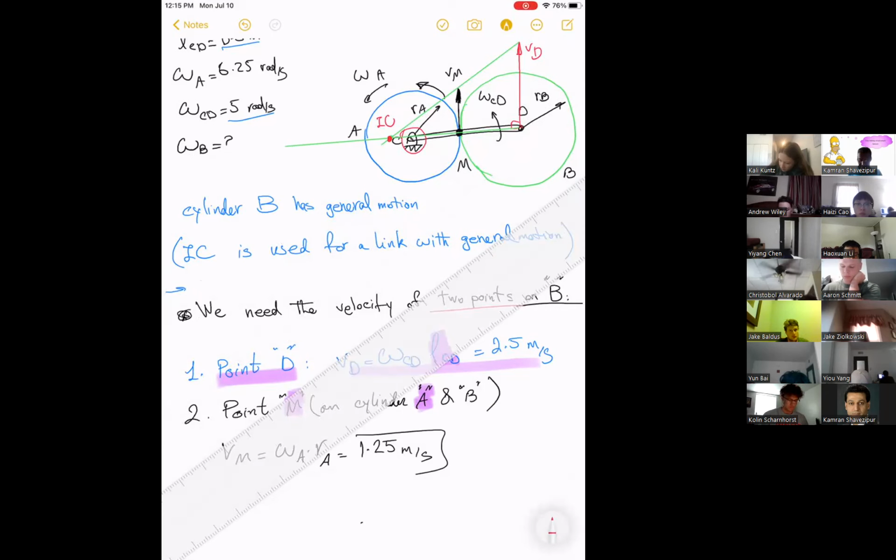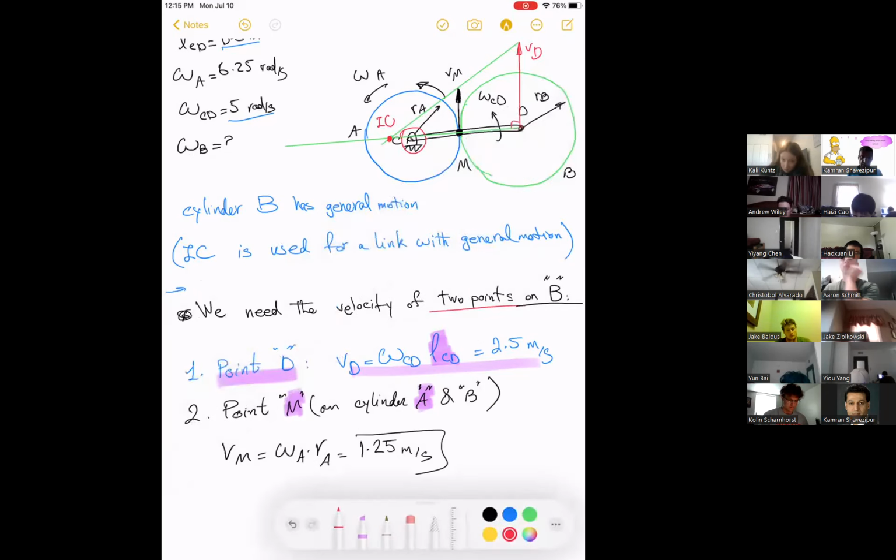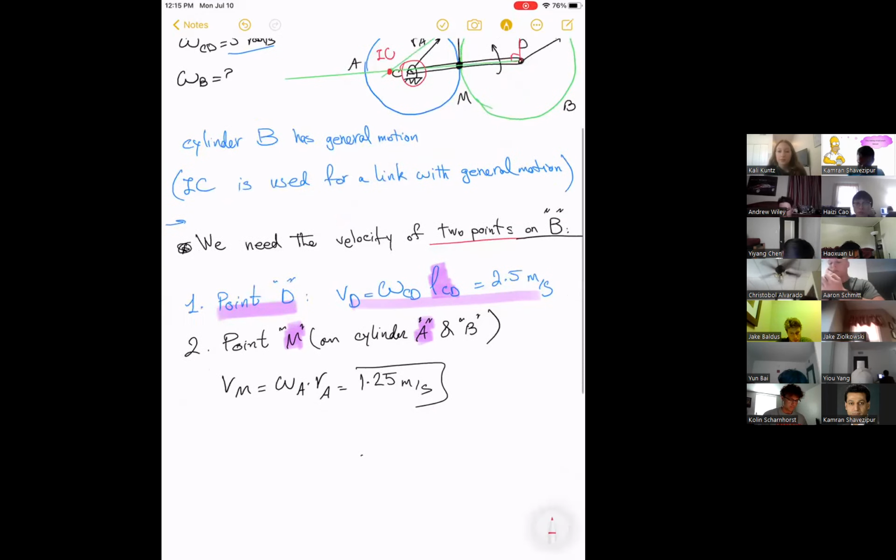What it means is this. I let you guys draw this and I'm going to explain what it means. Are you done drawing and writing everything? I'm going to separate cylinder B and anything that relates to it, right? So that way it might be easier.